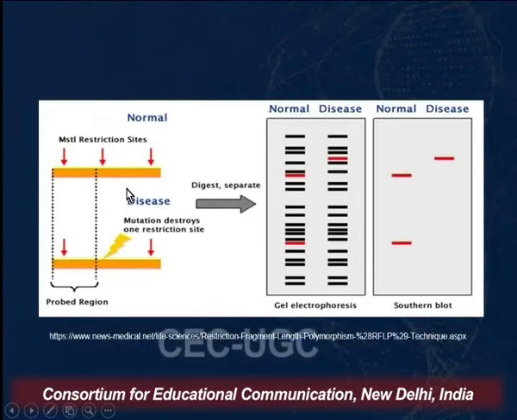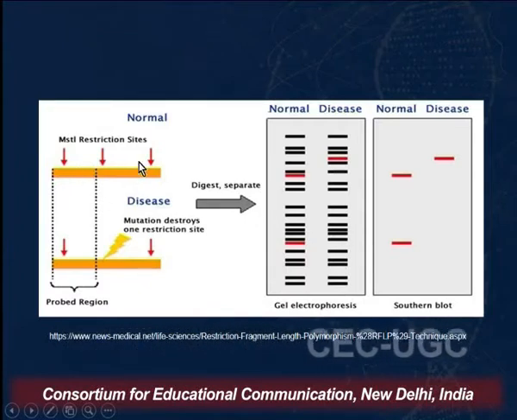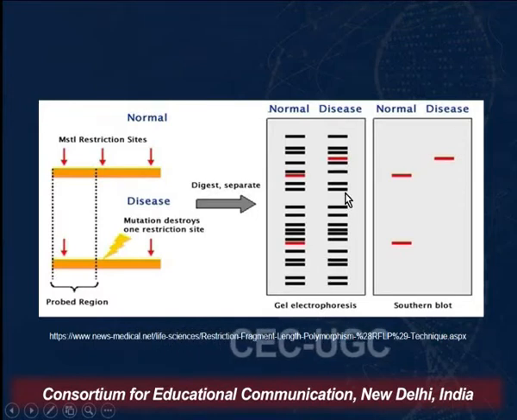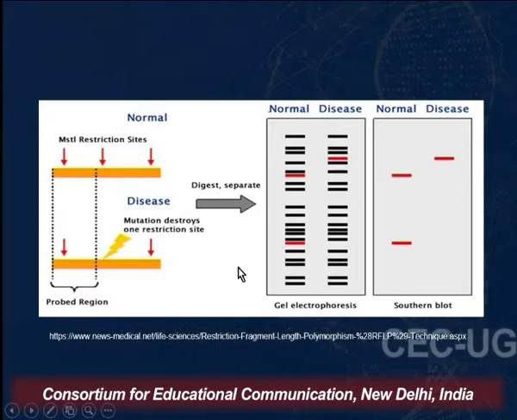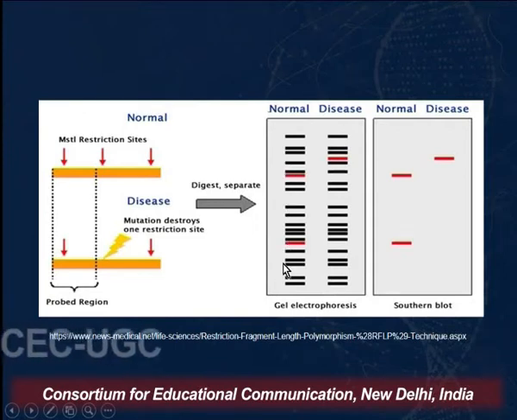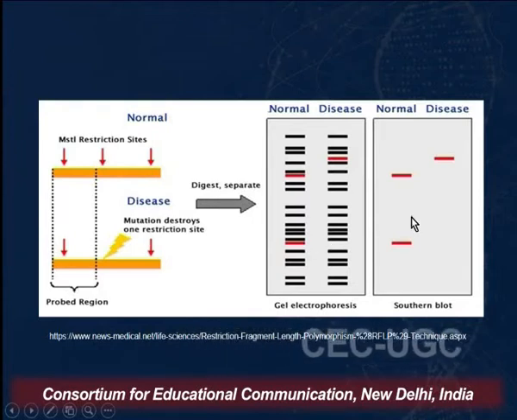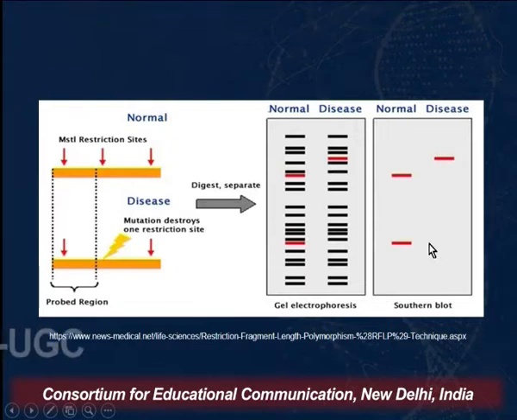So for example, a genome is restriction digested, and when you run it on a gel, different restriction fragments are formed. It is then transferred onto the nylon membrane, and a probe, which is complementary to certain sequences or the gene of interest, is used to hybridize these nylon membranes. Then you get a signal, which detects those fragments that are our gene of interest.